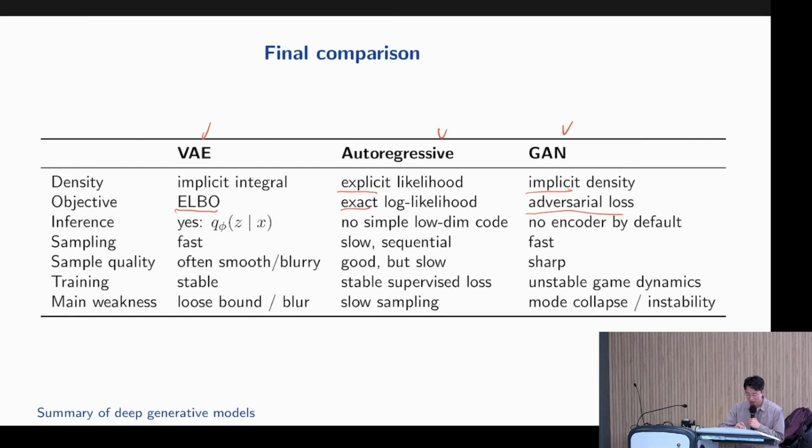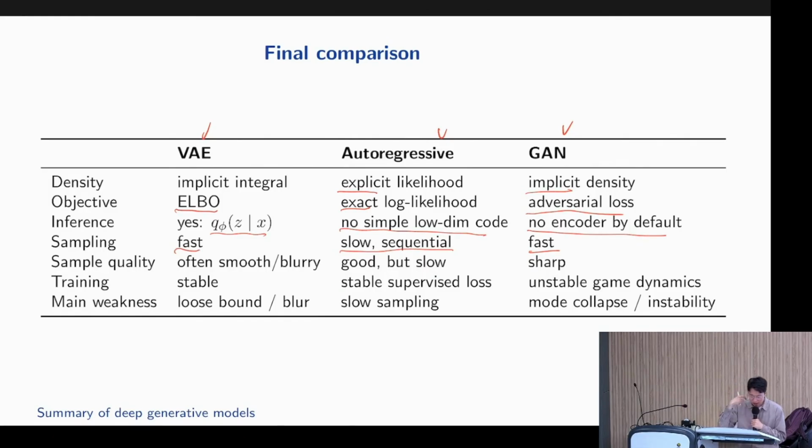Inference, you pass it through a decoder. And here in the autoregressive model, you have to generate 1 pixel at a time. And here, same as VAE, you have no encoder, and you just pass Z to the generator. So sampling is fast for VAEs and GANs, but slow for autoregressive models because you need to keep conditioning on the past information.